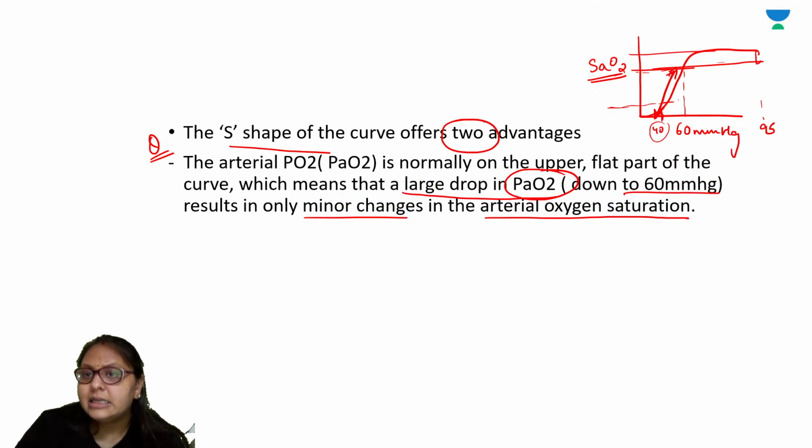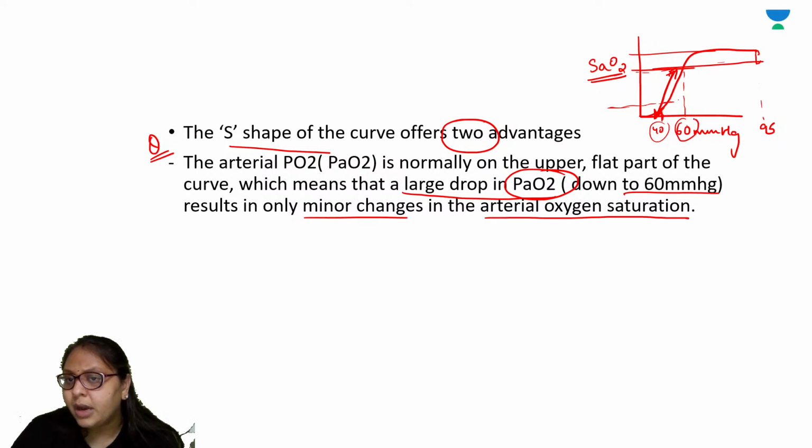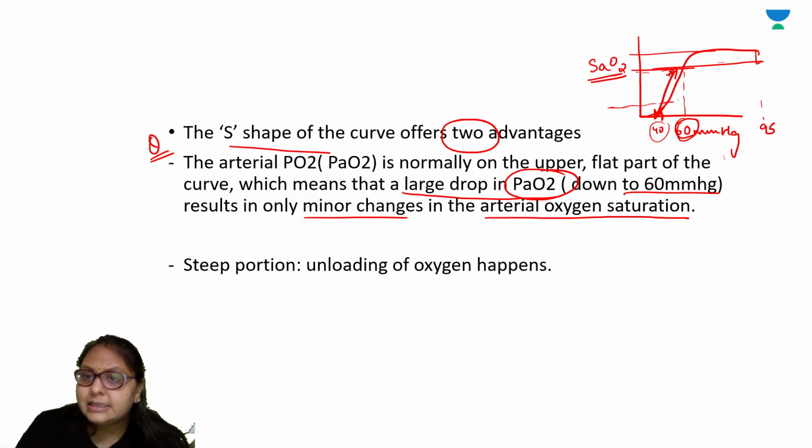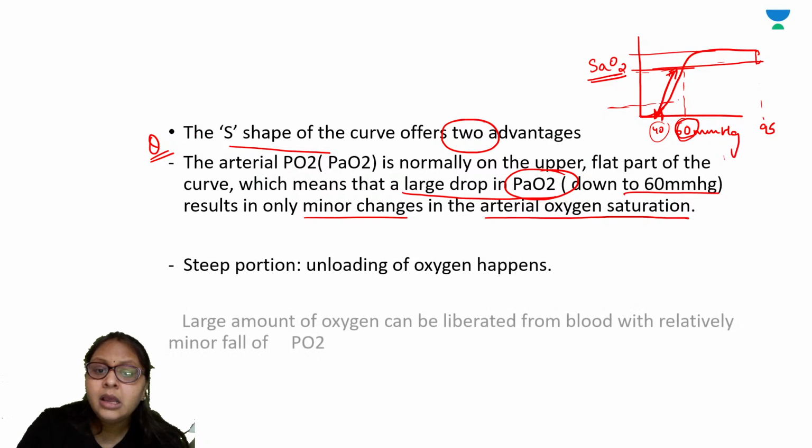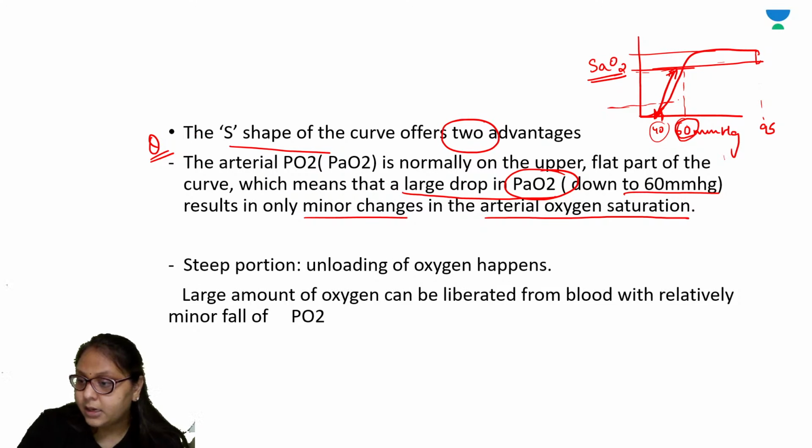First advantage: the upper part is flat, so even if there is a decrease in the partial pressure of oxygen till 60, there is not much decrease in the saturation. And the second point is that the steep portion is the one where the unloading of oxygen to the tissues happens. It is dissociated from the hemoglobin and there the unloading happens.